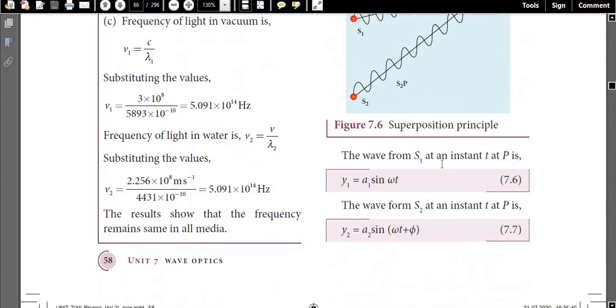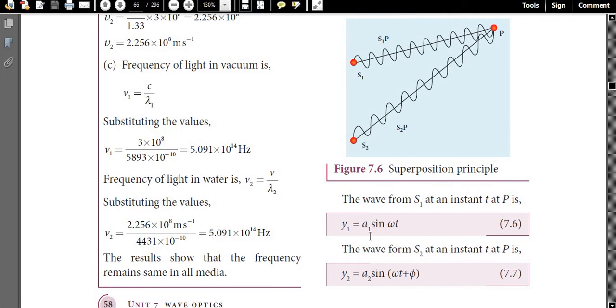in this figure. So displacement y1 is equal to, already we know this formula from the 11th standard, y is equal to a sin omega t. According to this displacement formula, y1 is equal to a1 sin omega t.